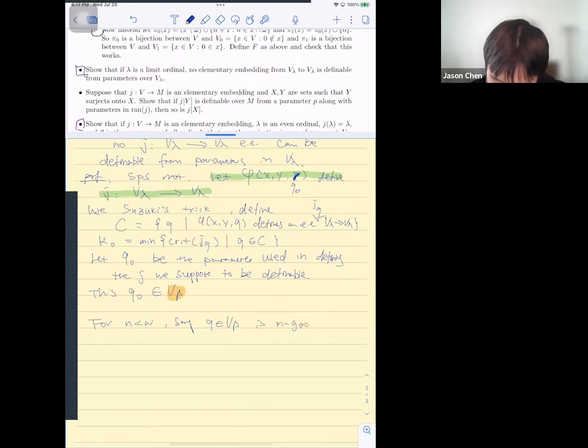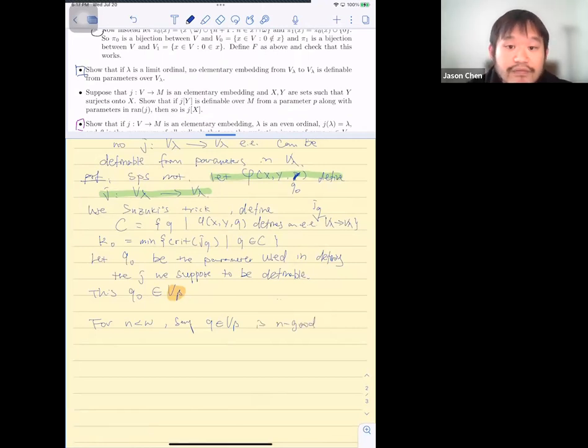So n-good is defined as follows: if and only if J Q, remember, this is the elementary embedding that gets defined by using Q as a parameter, is an elementary embedding from V lambda to V lambda, but not fully elementary.